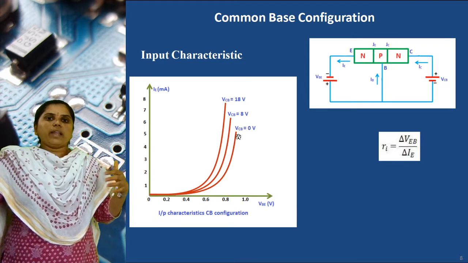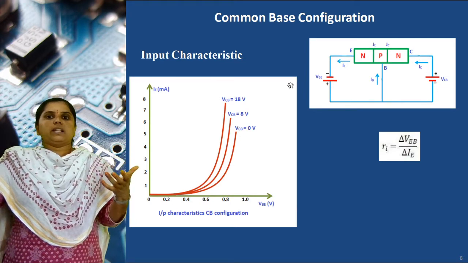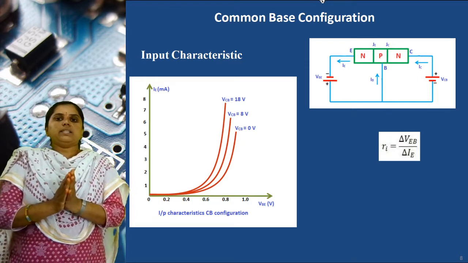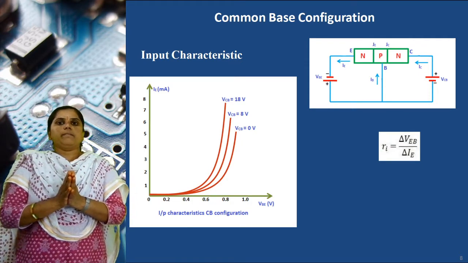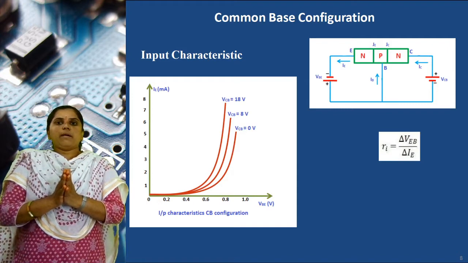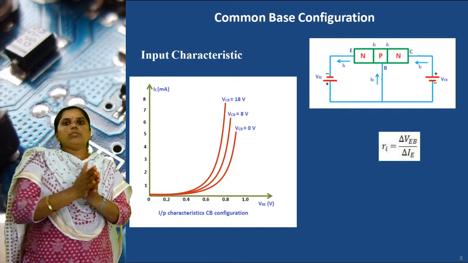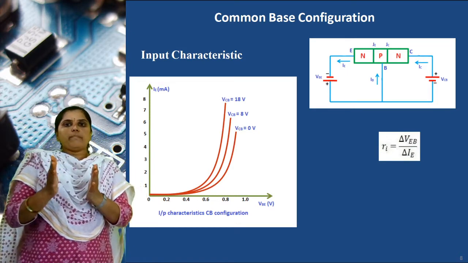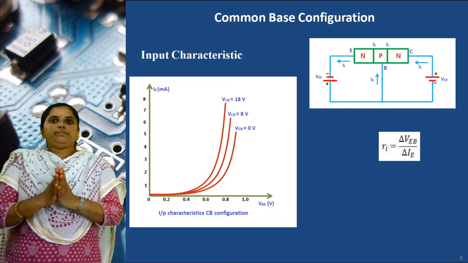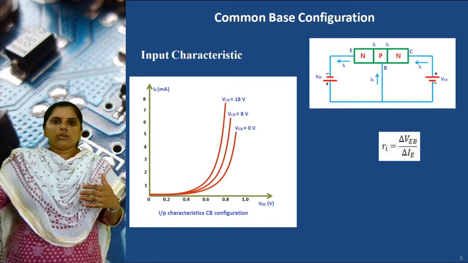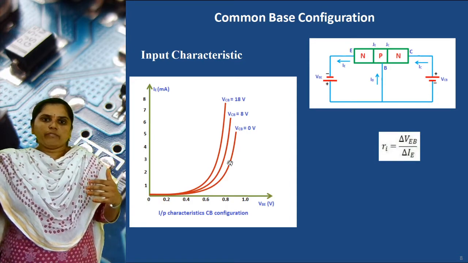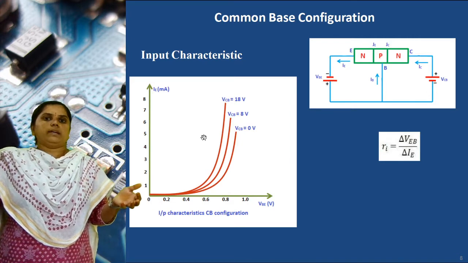So when the output voltage is increased, the junction width is decreased, that is the collector junction width is decreased, which is nothing but the base width is decreased here. Depletion region penetrates to the base side. So what happened? The base width is decreased here. Base width decrease is nothing but we can get more current. So see here, this waveform is shifted to the left side.